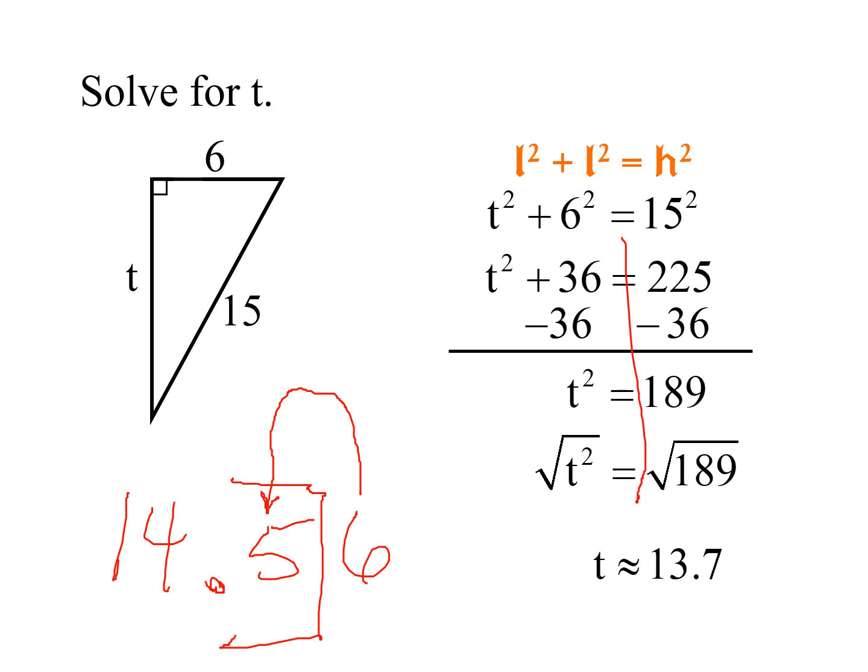If it's 5 or more, it's supposed to go up. So be careful with that, or you're going to end up missing some that you really did the work right, but you just got a little bit off on your rounding. So make sure you remember your rules. 5 or more makes it go up. 4 or less, you leave it the same.